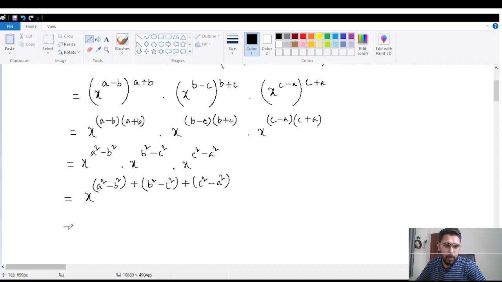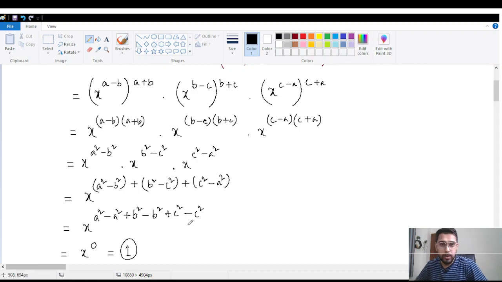Now in the next step, when we open up all the brackets, we can write x to the power of a square minus a square plus b square minus b square plus c square minus c square. So ultimately we can see that x gets a power of 0, and anything to the power of 0, as per the zero exponent rule, is 1. So the answer to this question is also 1.